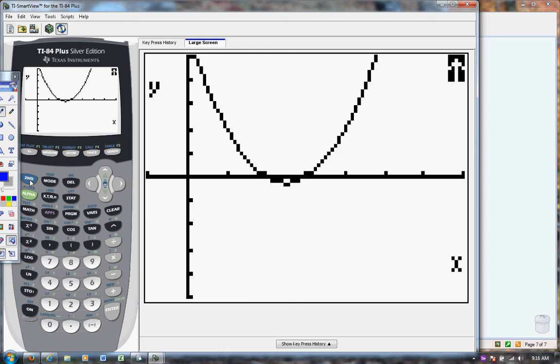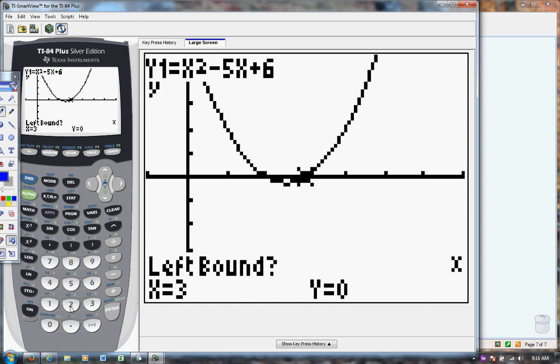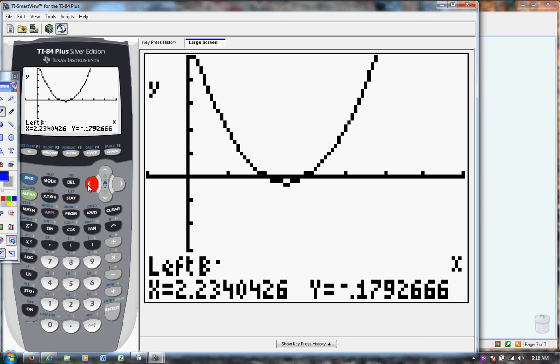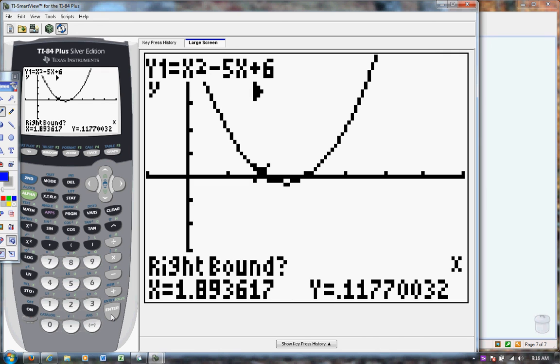So now when I go second trace, when it asks for the left bound, what you want to do is move the cursor to the left of the 0 that we're looking at. So I'm looking at that first x-intercept. You move it to the left of it, and then you hit the enter button. Then it says right bound.